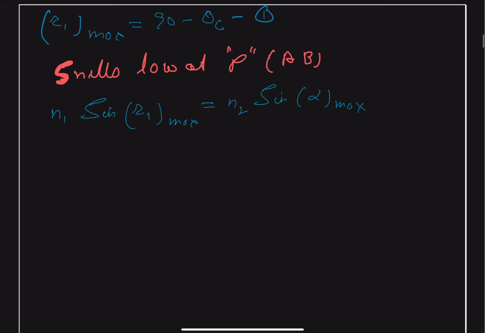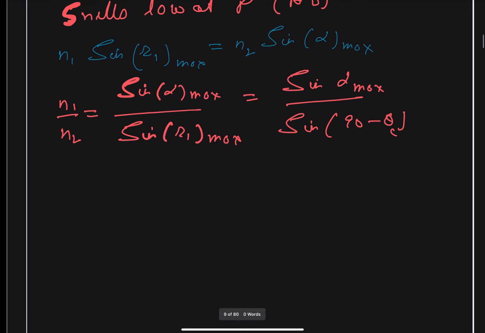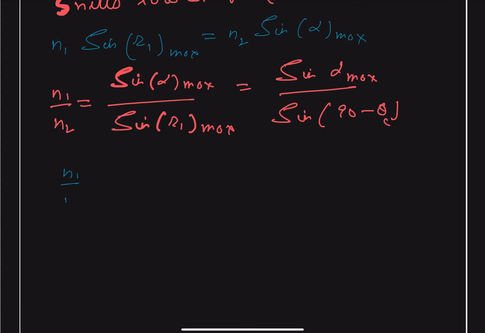Therefore, we can find the ratio. N1 upon N2 is equal to sine of alpha max divided by sine of R1 max, and R1 we already know is 90 minus theta c, according to equation 1. So this gives N1 upon N2 equal to sine of alpha max divided by cos of theta c.